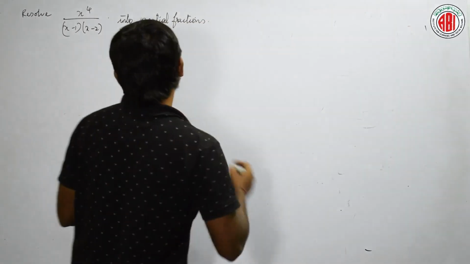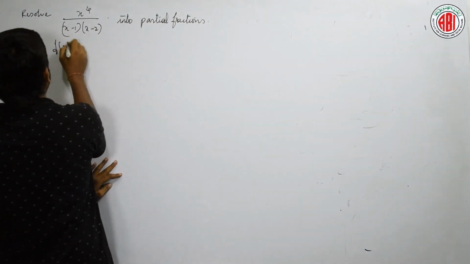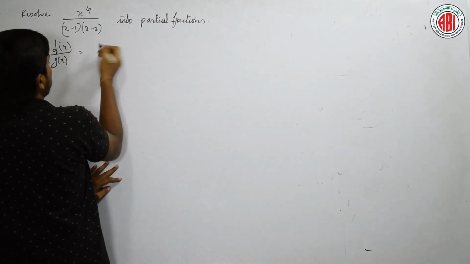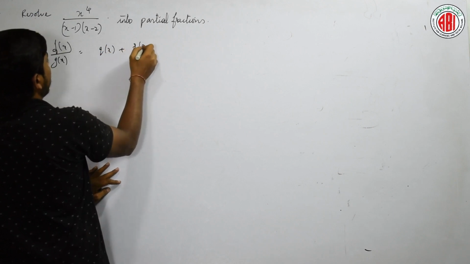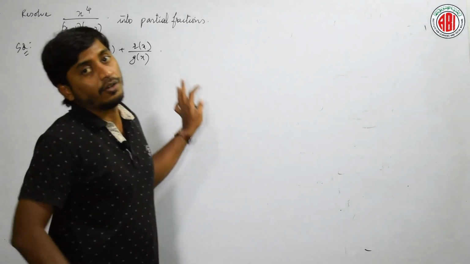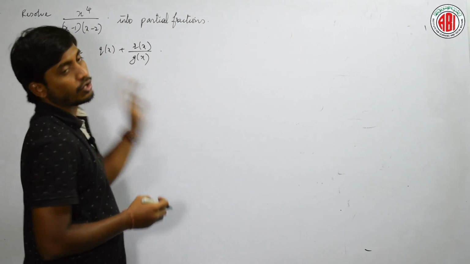How do we write? We will write f of x by g of x is equal to quotient plus remainder by g of x. In order to do this, we have to find the quotient first.